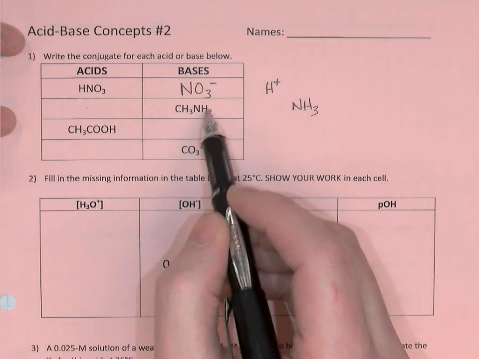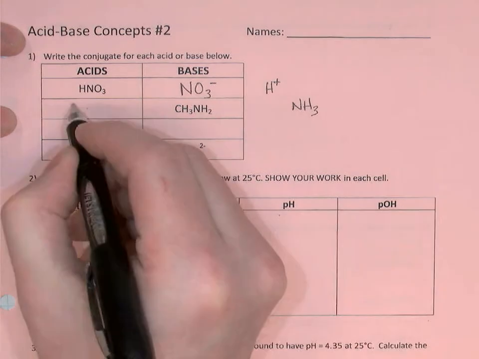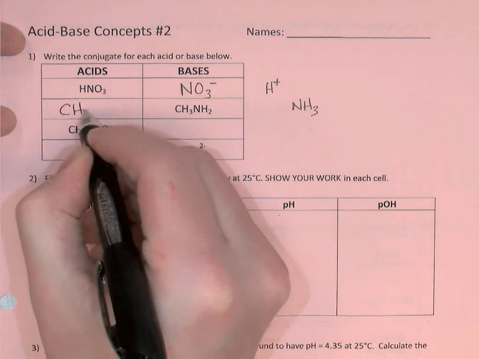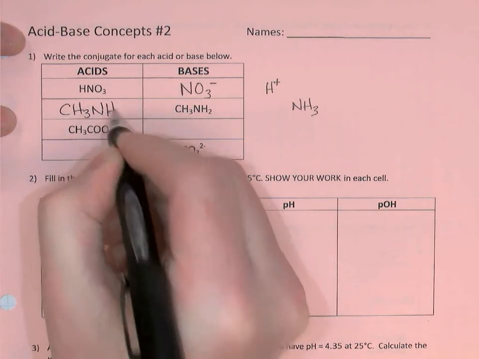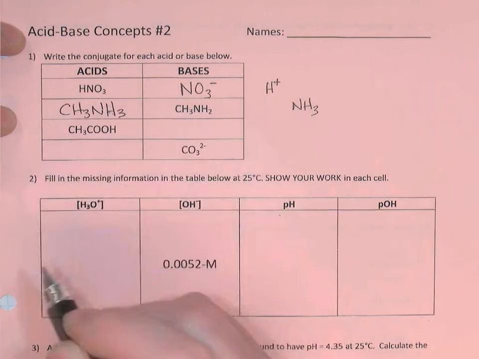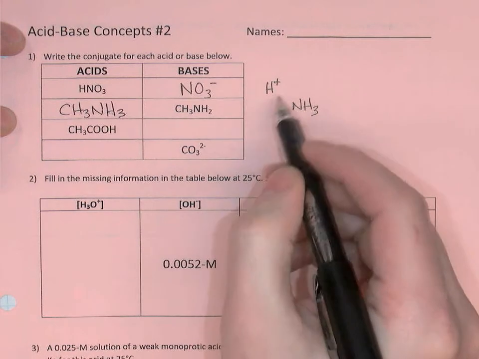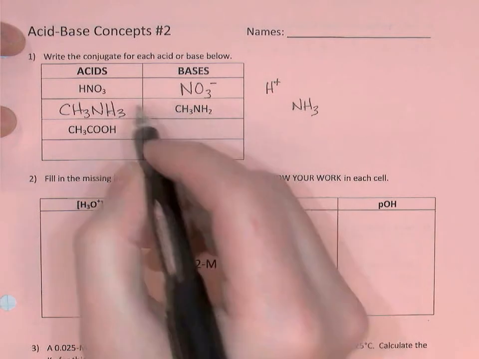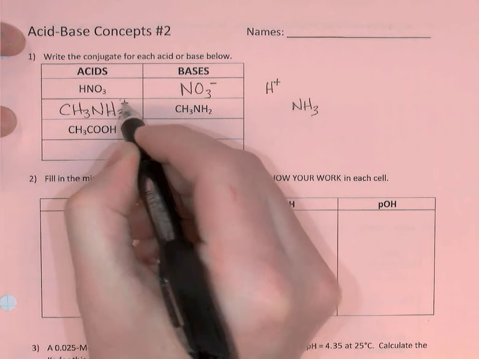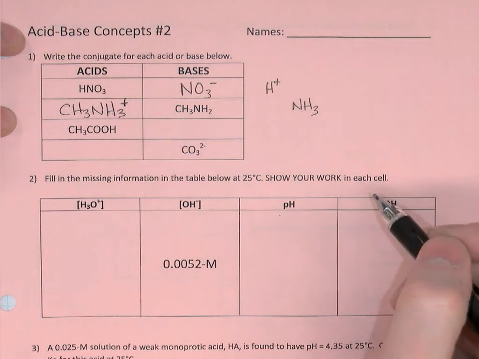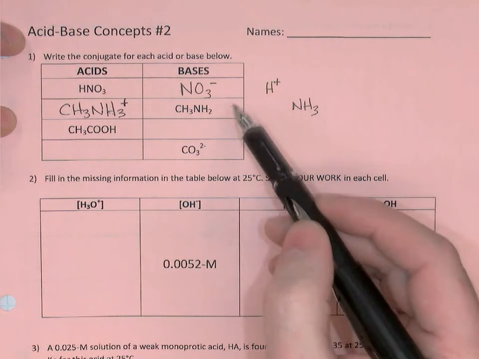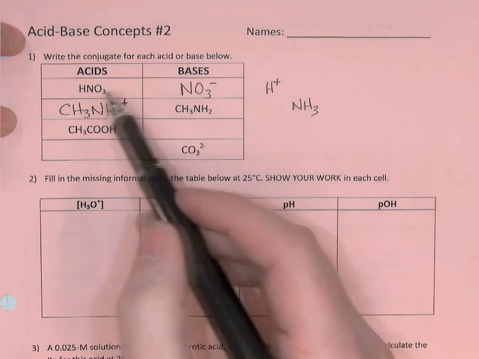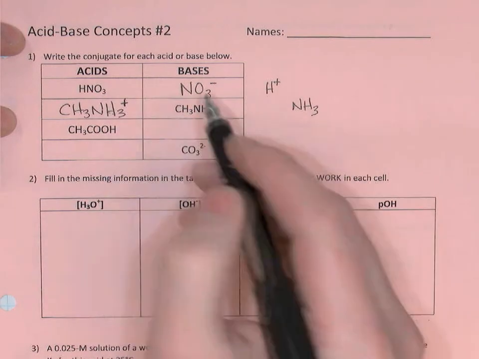The hydrogen ion will attach to the nitrogen, so we're going to get CH3, and then instead of NH2, NH3. And again, because the hydrogen is positive, and we're now adding it to a neutral substance, this conjugate acid is positive.